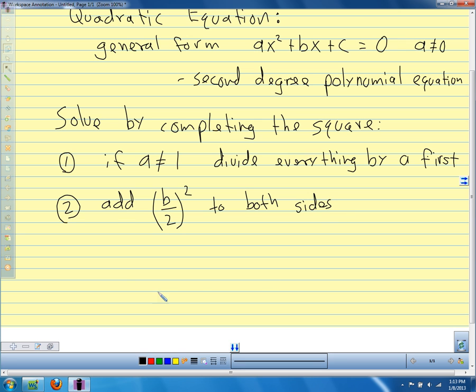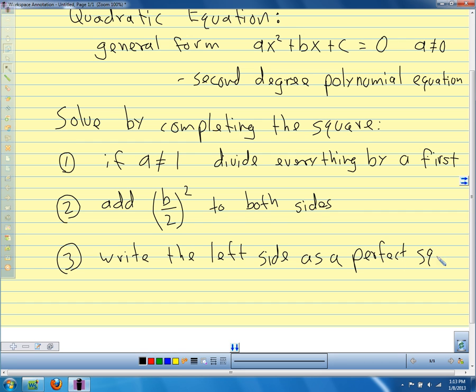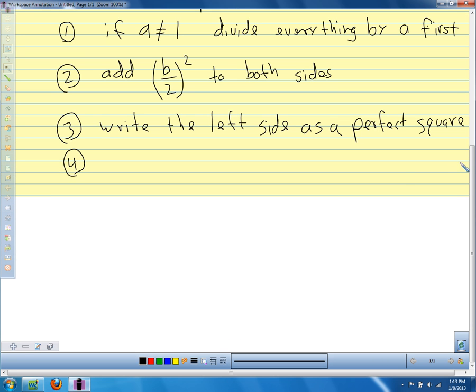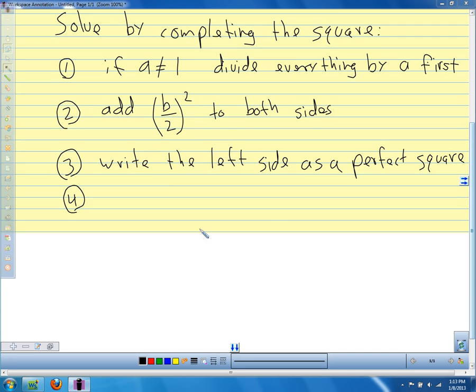Our third step, once we do this, we can rewrite the left side as a perfect square. And then our last step, once we write the left side as a perfect square, is to just use square roots to finish.